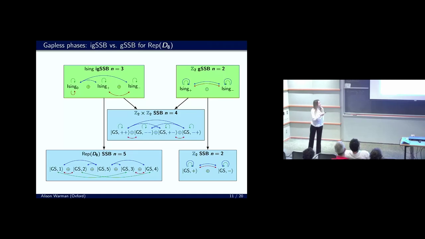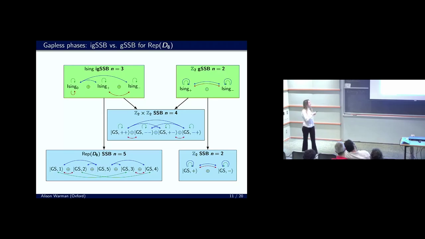Now, another very interesting gapless phase is this Ising IGSSB. Again, the reduced topological order is the toric code, so we can input Ising. And we get a gapless phase with three degenerate gapless universes. Ising 0 is invariant under the Z2 invertible symmetry, while Ising plus and Ising minus are exchanged by it.